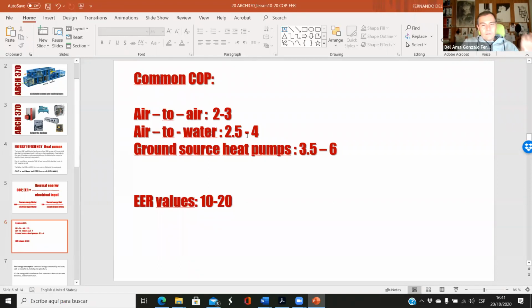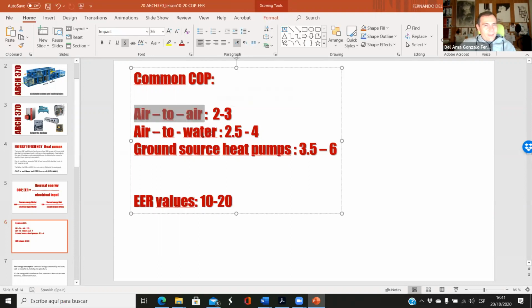Because under specific conditions, an air-to-air system can be better than a ground source heat pump. If we are working in a warm country with very mild winters, if the outdoor temperature is not very low, probably an air-to-air heat pump is a better choice than the ground source heat pump.